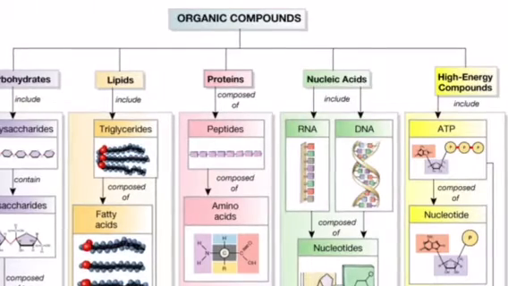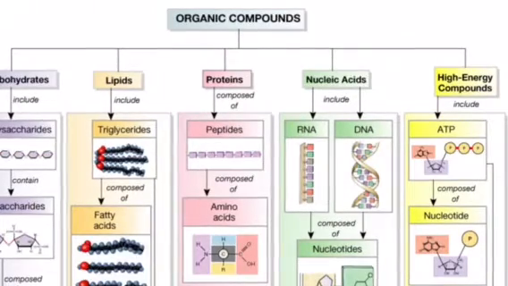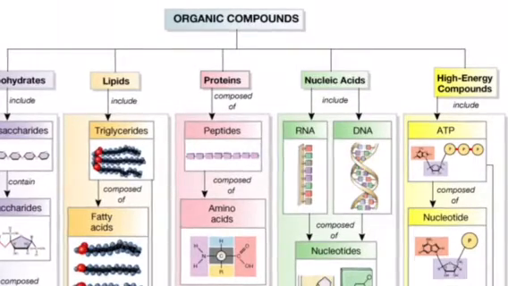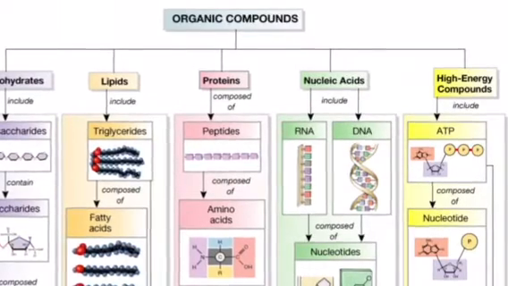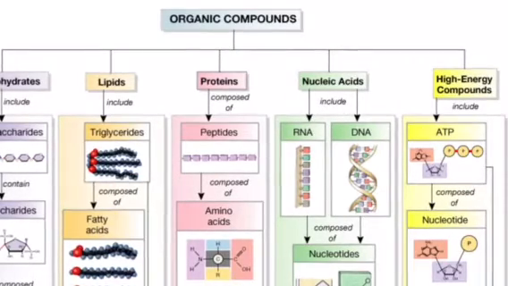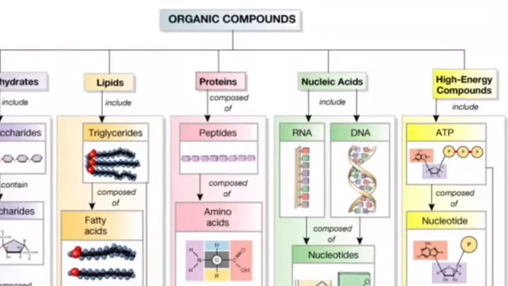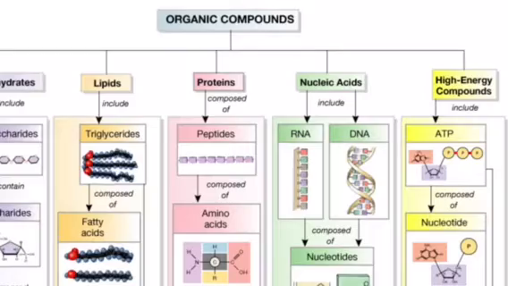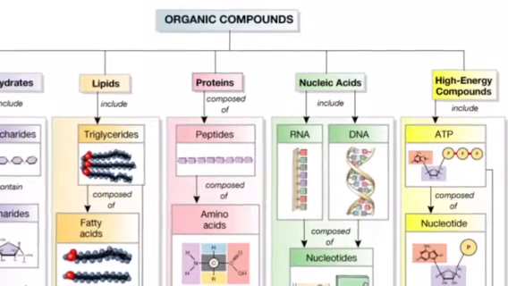Proteins are molecules composed of amino acids joined together by peptide bonds and are distinguished by containing nitrogen. Nucleic acids are long chains of nucleotides that contain sugar, phosphate group, and nitrogenous bases. Each of these macromolecules is organic due to containing carbon.